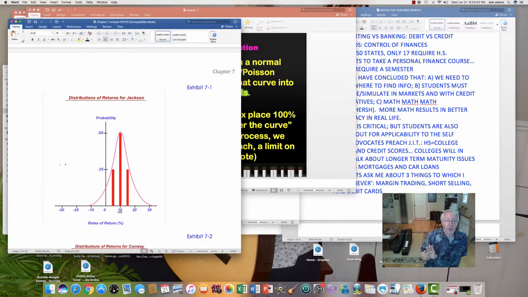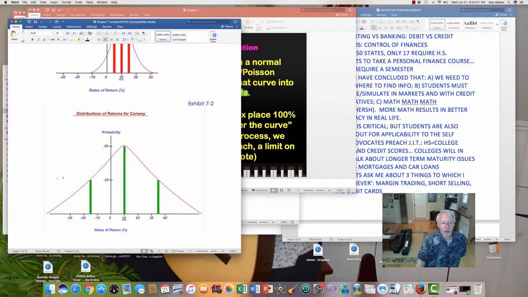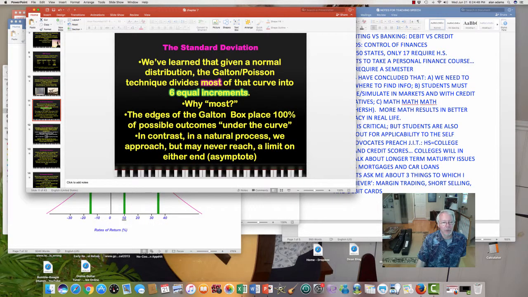Using those 3 measurements, we're going to develop the bell-shaped curve, and that gives us all of our possibilities. Okay, Conway, as you might expect, is shorter, but very, very widely dispersed. It's still 10% at the center, but you can see that the possibilities of going away from 10% either way are greater. Therefore, intuitively, we know that Conway is going to be the riskier of the 2 companies.